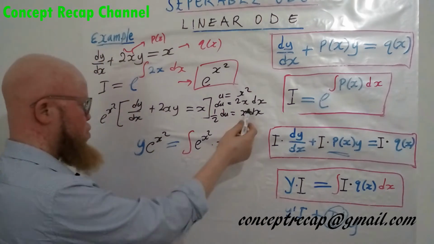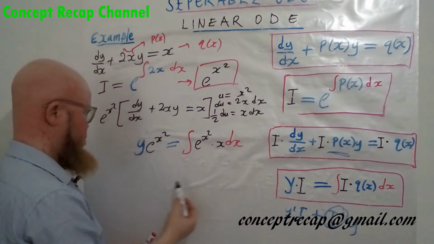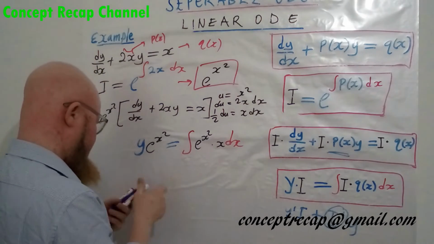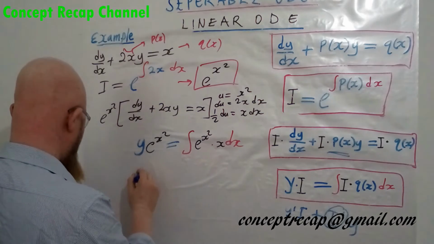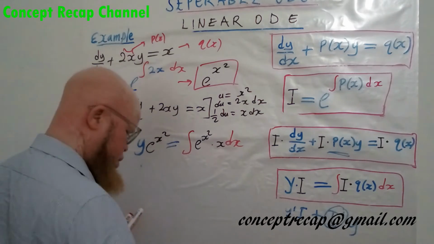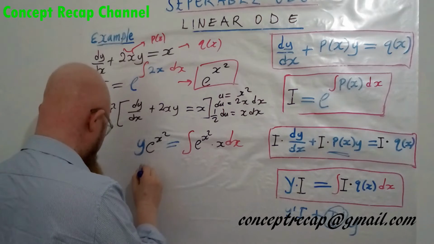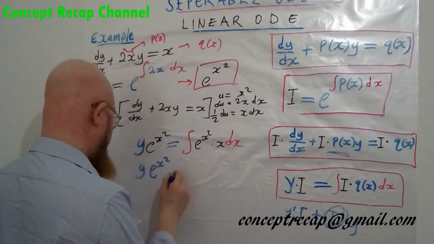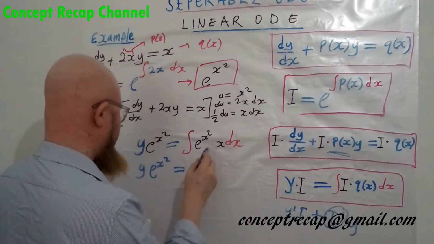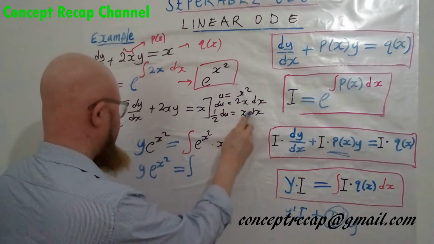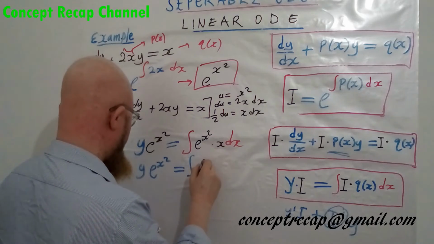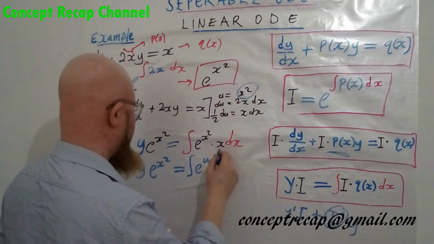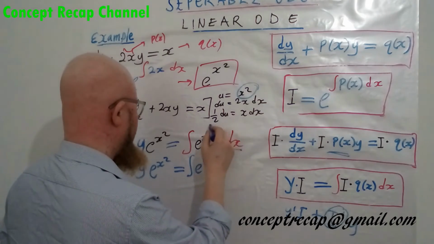So we shall now bring them here. You have y times the integration factor, and that is equal to the integral of e to the power u, where u is x squared, then x dx is equal to half du.